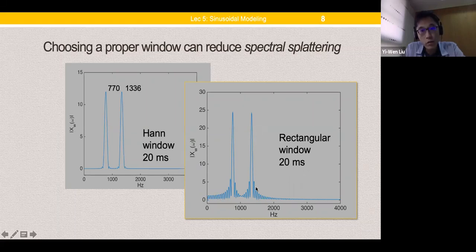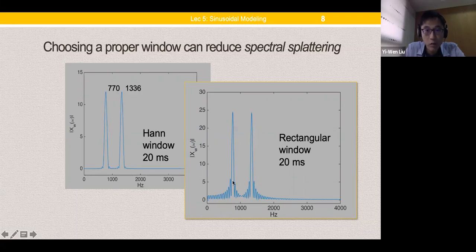In the rectangular window, if you use that for analyzing a signal, you see a lot of extra peaks, and that could be problematic. That could be problematic because when you use the rectangular window and look at the magnitude spectrum, how can you be sure that there actually are only two sinusoidal components? Maybe this itself represents a peak also. Maybe even a second peak next to the first peak, and so on.